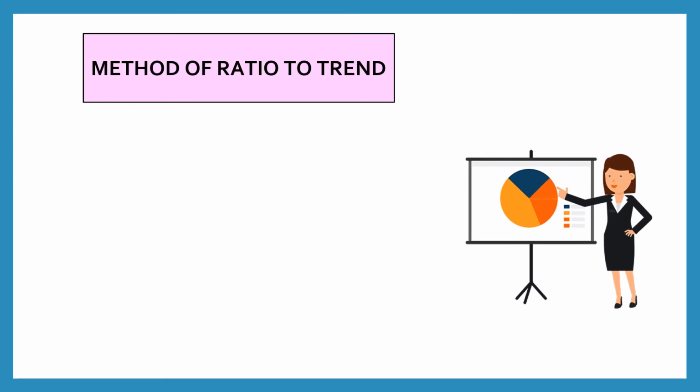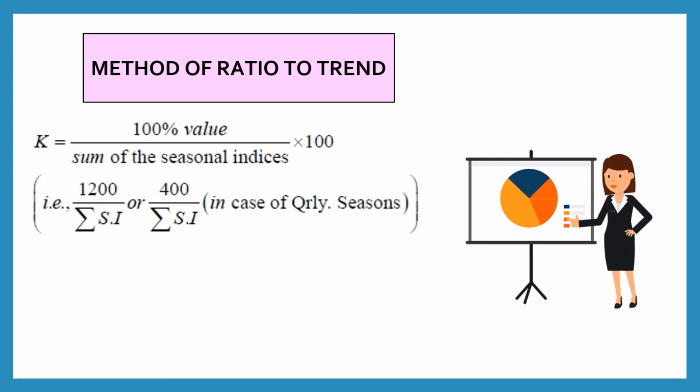Method of ratio to trend. This method is also otherwise called the percentage to trend method. As the name suggests, under this method, the trend values of a series are first determined under any of the methods of least square, and then the given data are expressed as percentages of the respective trend values.